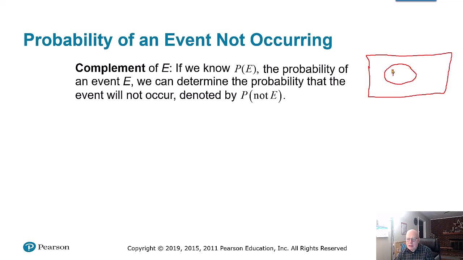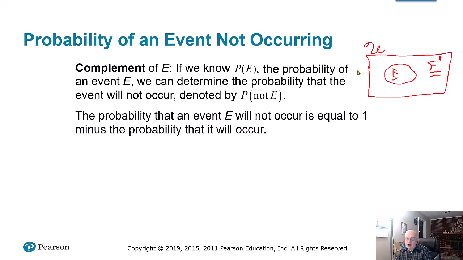Make a circle representing your particular event, and since this is the universal set, or set containing anything that can happen, this part over here is not in E, can be written like this with an apostrophe up there. So this is the event happening, this is the event not happening.